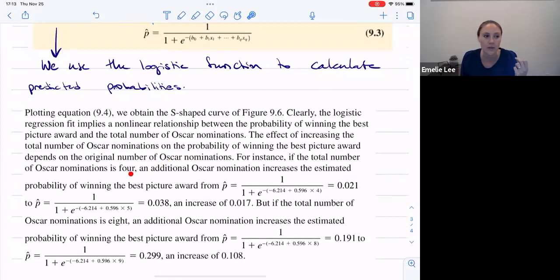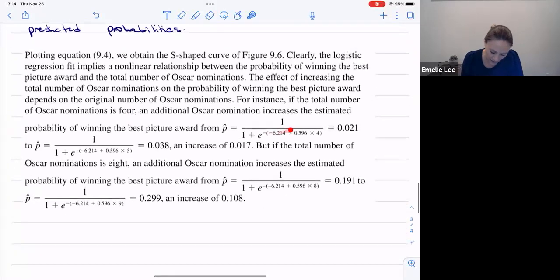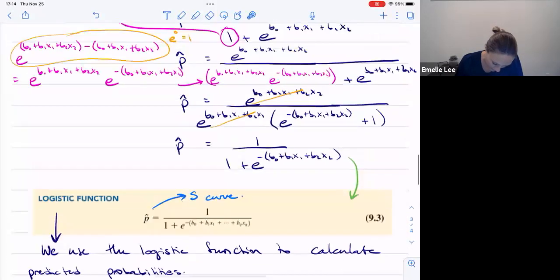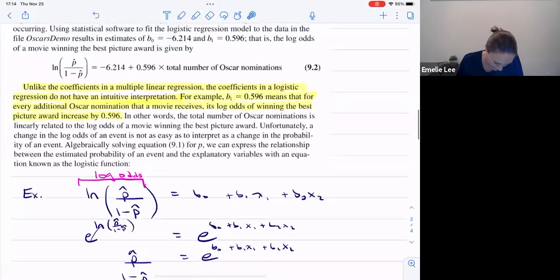What's the increase in probability of winning Best Picture if you increase from 4 to 5 nominations? We can use the formula, and we've got the model here, so we can just apply that.